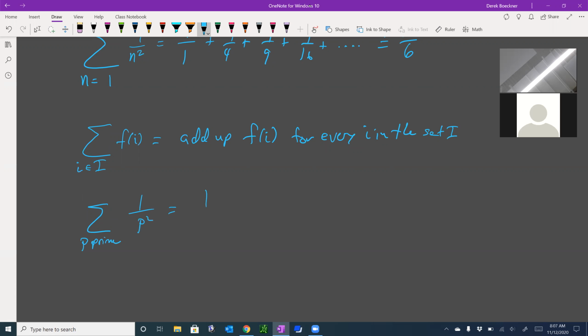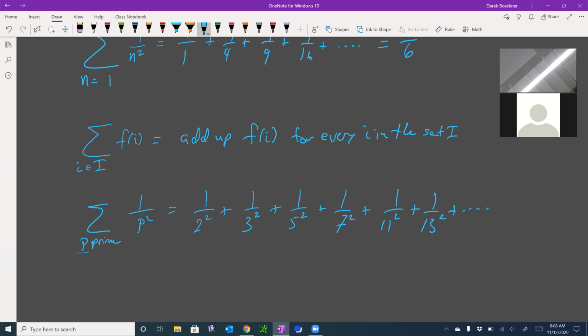So this would look like 1 over 2 squared plus 1 over 3 squared plus 1 over 5 squared plus 1 over 7 squared plus 1 over 11 squared plus 1 over 13 squared plus dot, dot, dot, forever.